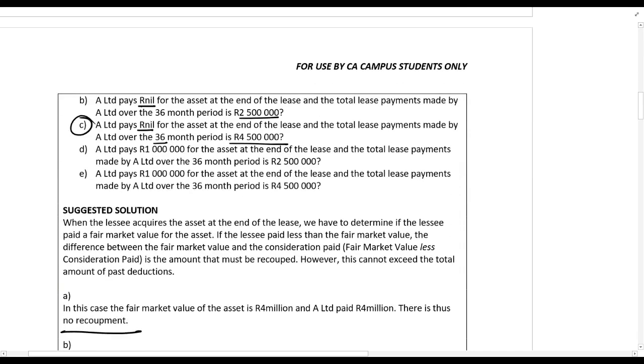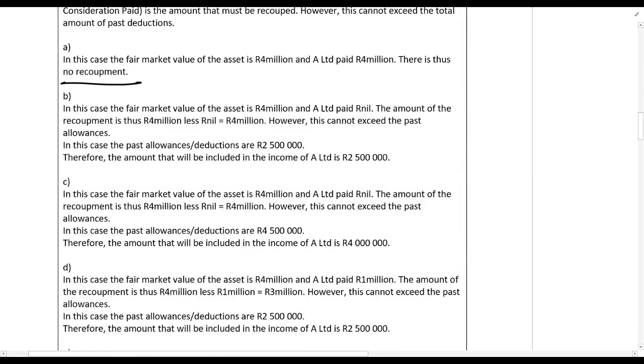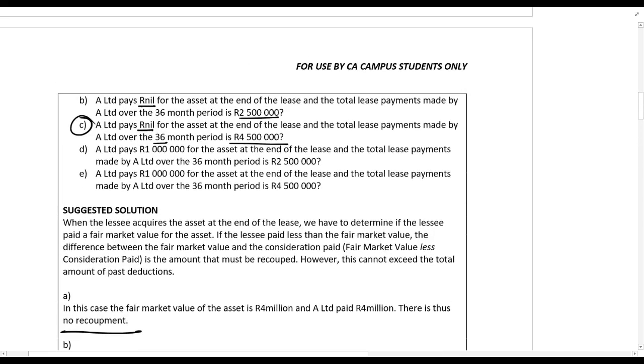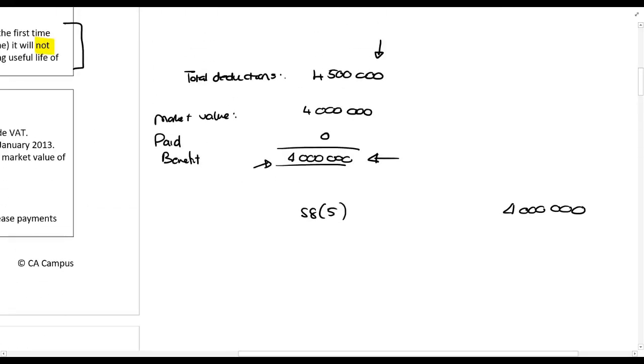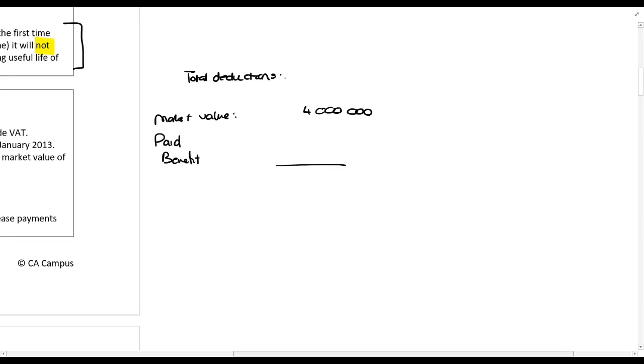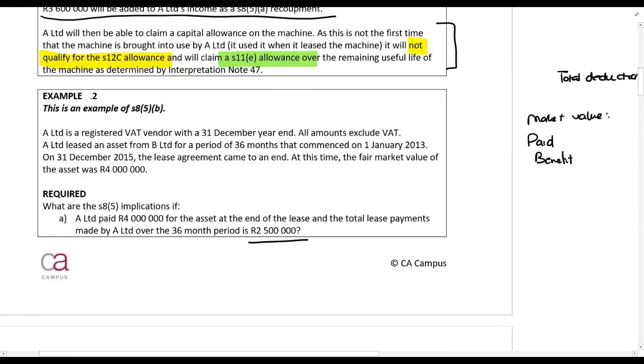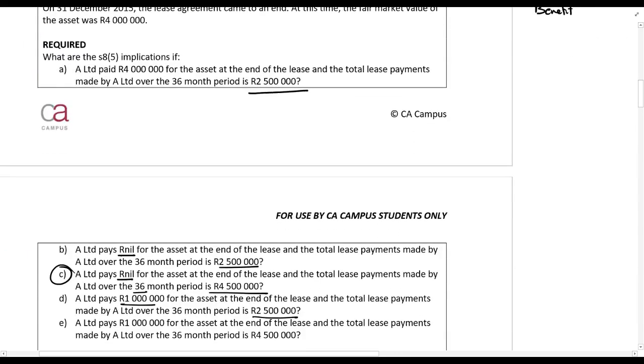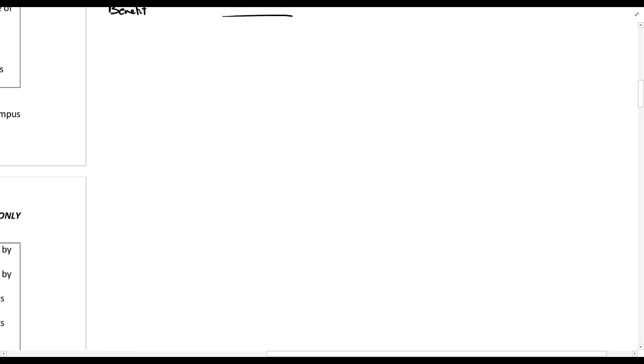The situation C, 4 million. D, A Limited pays 1 million rands for the asset, and the total lease payments were 1.5 million. Okay, so let's get this out of the way. What did I say now? D, total lease 2.5. Okay.